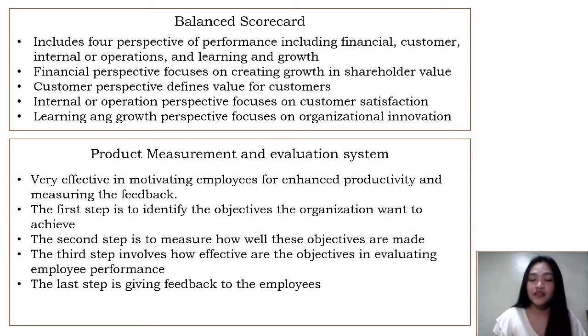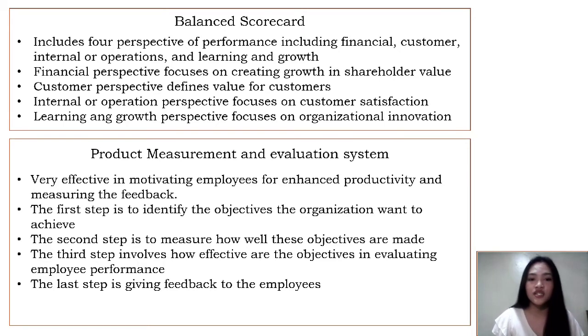Product measurement and evaluation system, or PROMES, is very effective in motivating employees for enhanced productivity and measuring the feedback. The organizations calculate an overall productivity score as a summation of the performance scores of all these factors. There are four steps in PROMES.